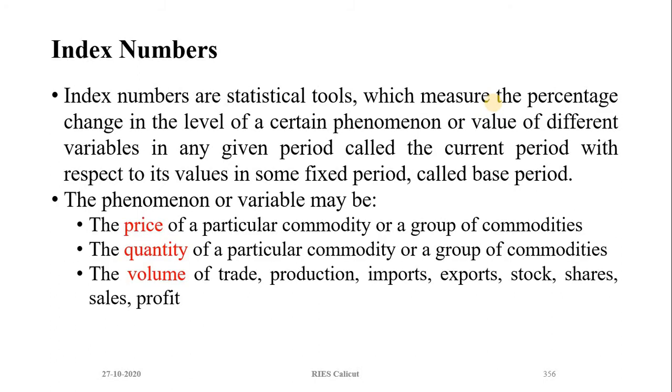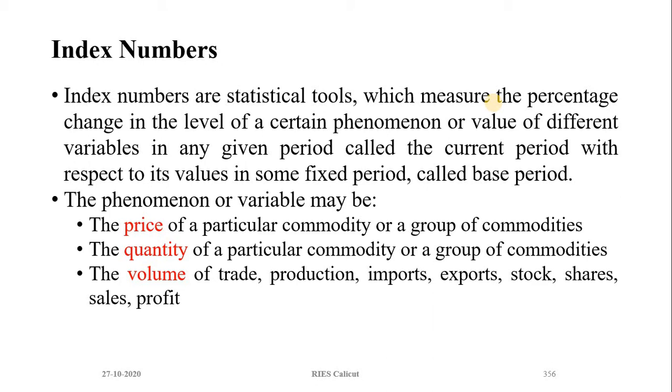So what is an index number? An index number is a statistical tool which measures the percentage changes in the level of a certain phenomenon or value of a different variable in any given period, called the current period, with respect to its value in some fixed period, called the base period.